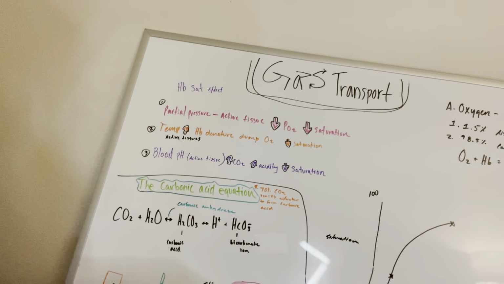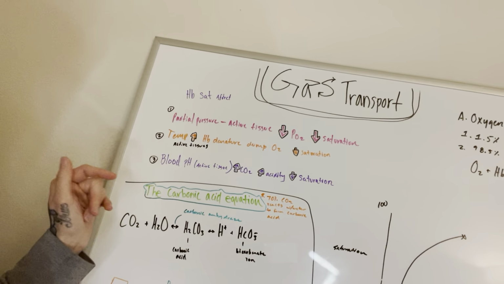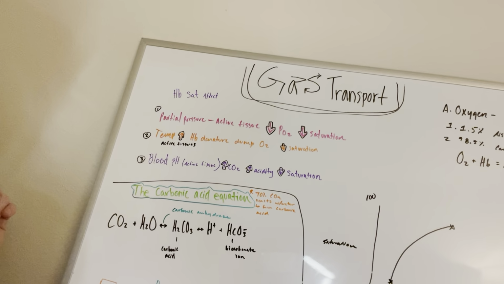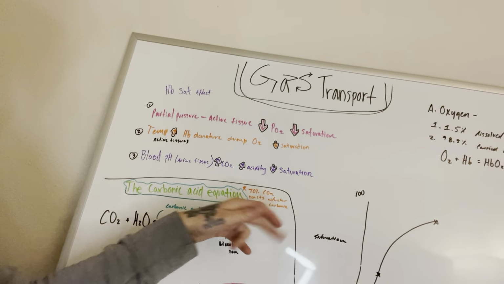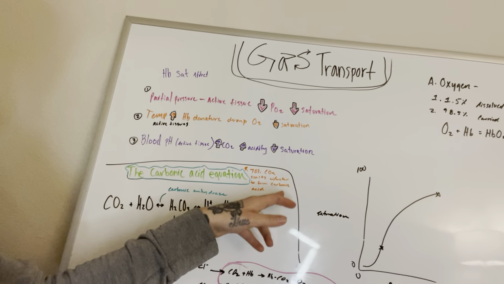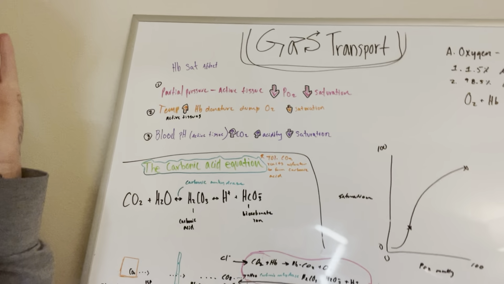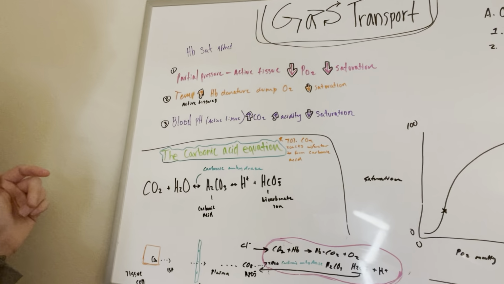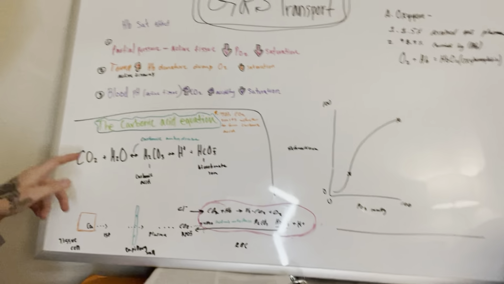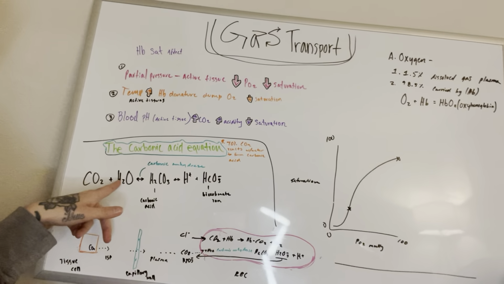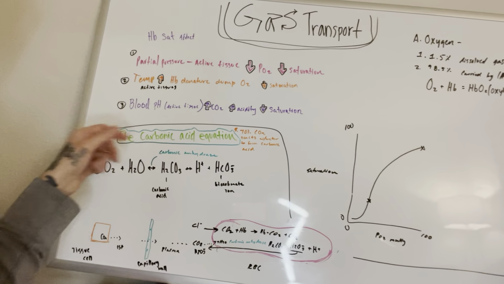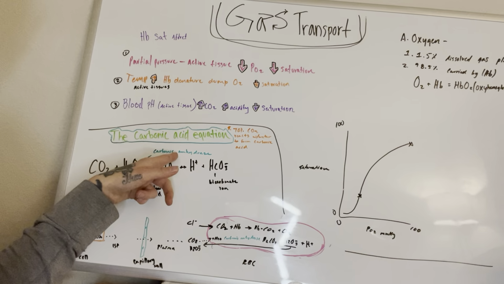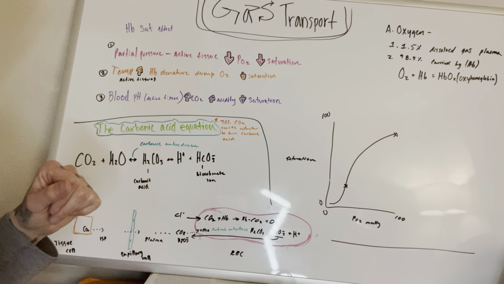Over here we have the carbonic acid equation. 70% of CO2 reacts with water to form carbonic acid. Okay, we're jumping into carbon dioxide. So carbon dioxide plus water, and then we have a catalyst here, an enzyme, carbonic anhydrase.